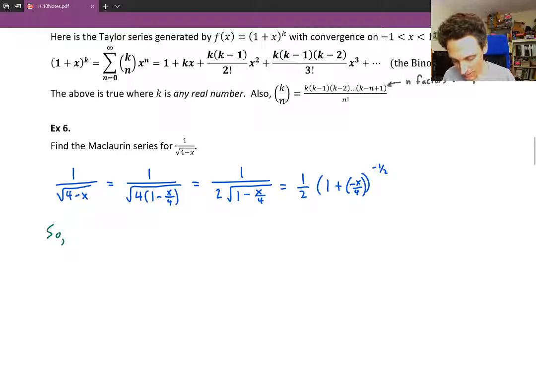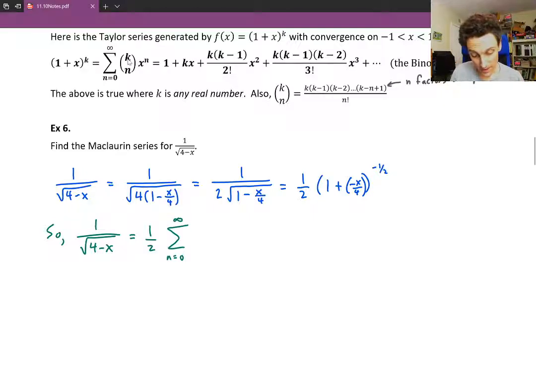So we have 1 over the square root of 4 minus x will be equal to, by the binomial expansion, well, we have the half out there in front, we have the sum from n equals 0 to infinity of k choose n times x to the n. So k here is negative 1/2, n is n, and then x is negative x over 4, and then n is n.